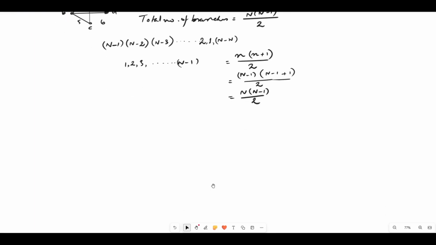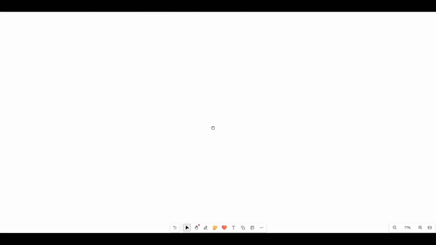So now moving ahead, let's move forward to the incidence matrix. From a graph, we can generate an incidence matrix, and let's see how that can be done. How do we identify the incidence matrix from a graph?